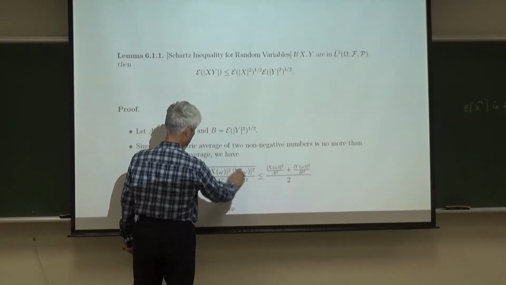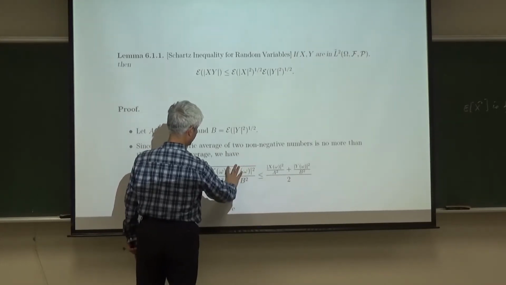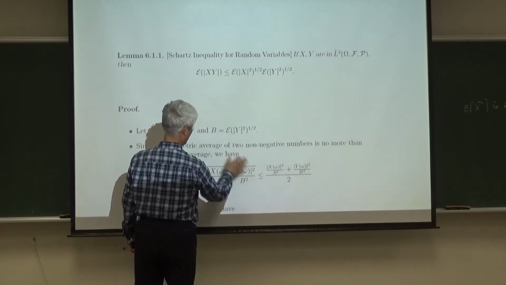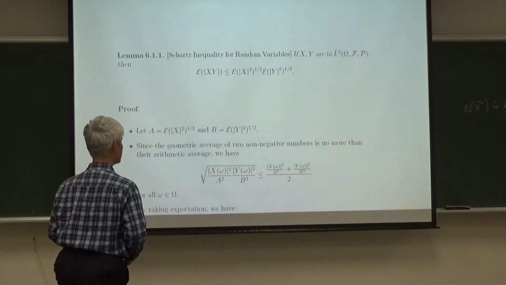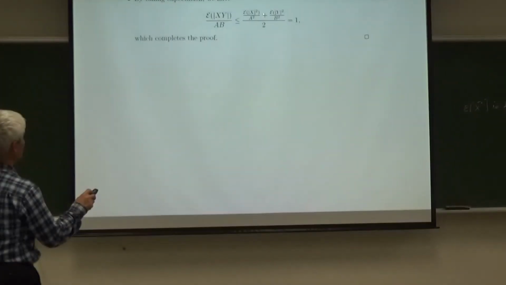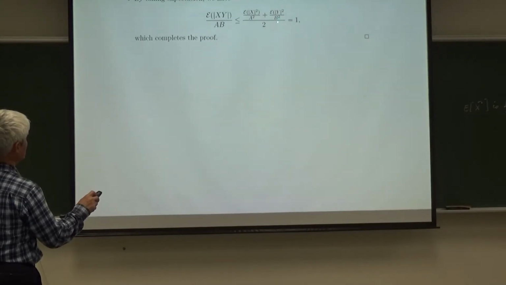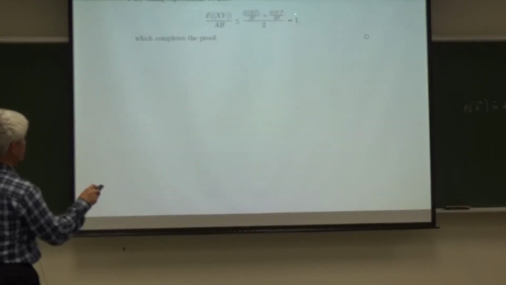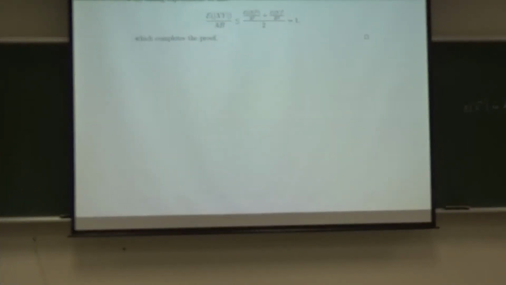When you take the square root, you just get the product of the absolute value of X and the absolute value of Y. So now we have this one, right? And we know that this is 1 here, because 1 plus 1 is 2, and 2 divided by 2 is 1. So you move AB to here. Okay? So you move AB here, then you complete the proof. It is a very simple proof, you can see.